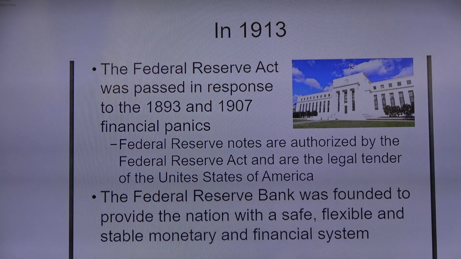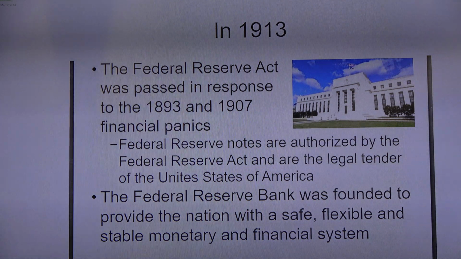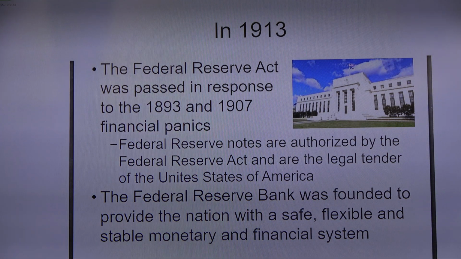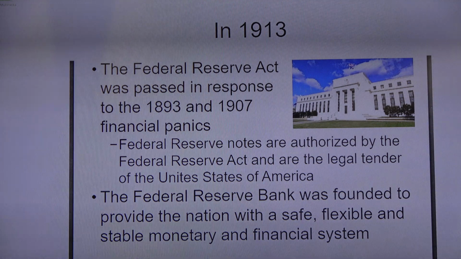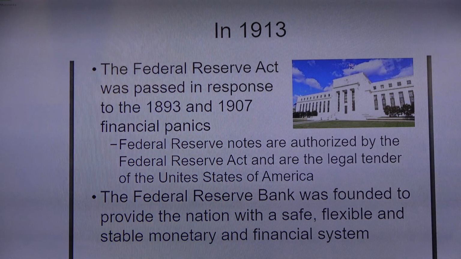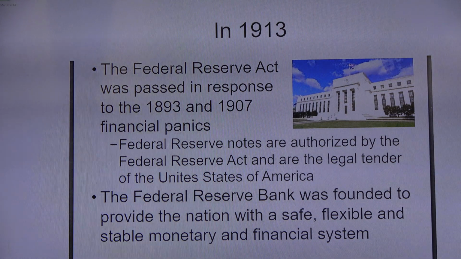So we still have the Federal Reserve Bank. It was founded to provide the nation with a safe, flexible, and stable monetary and financial system. The Federal Reserve Bank is the overseer of our money supply, and they make monetary policy that affects the economy.